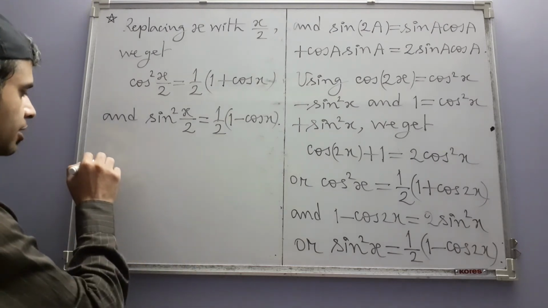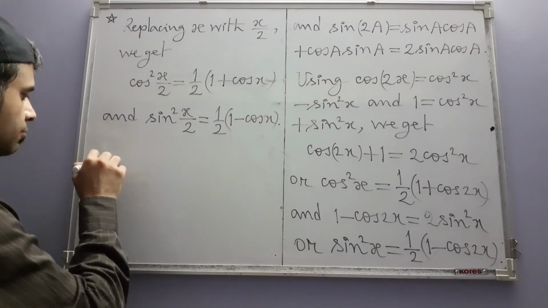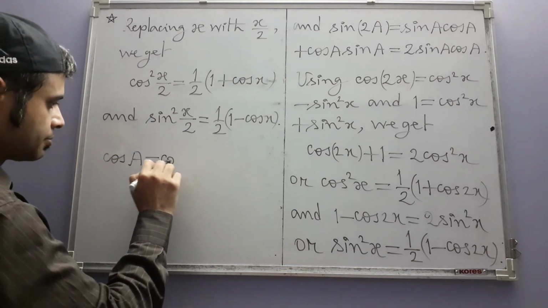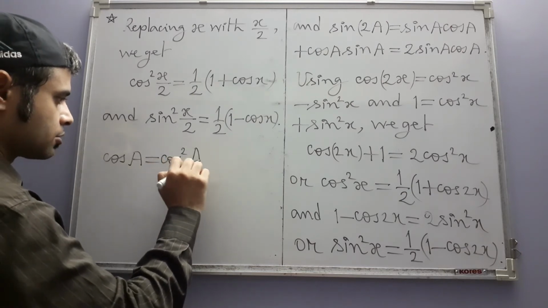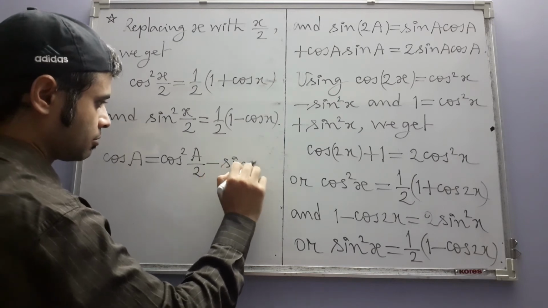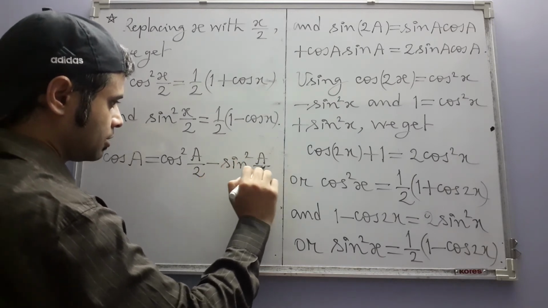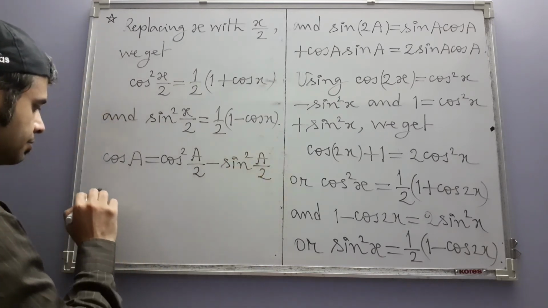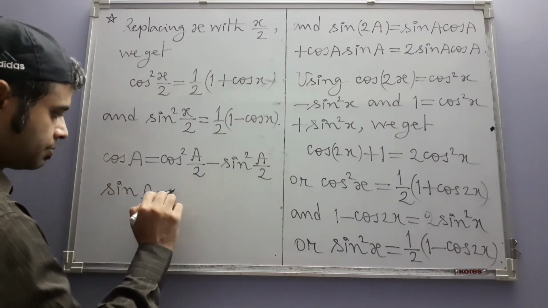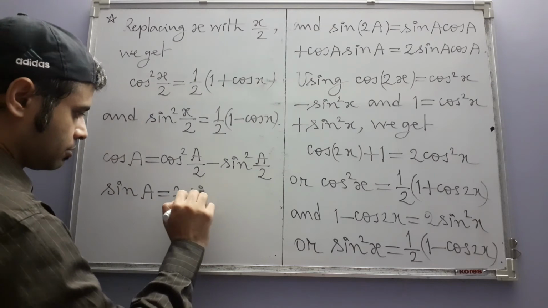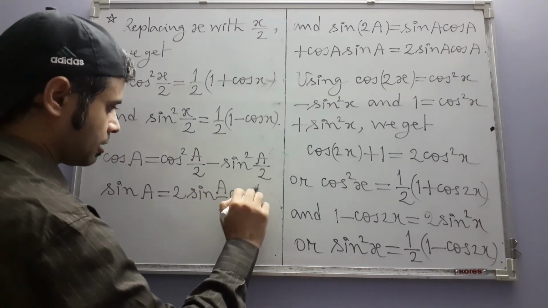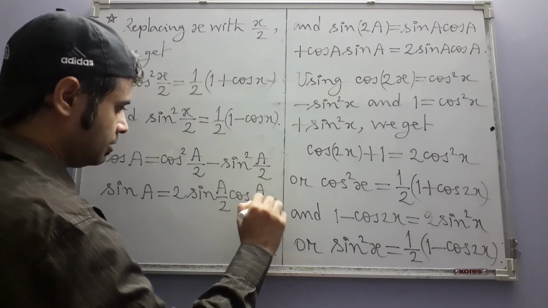So those formulas you can of course see will be this: cos A is cos square A divided by 2 minus sine square A divided by 2, and sine A is 2 sine A divided by 2 times cos A divided by 2.